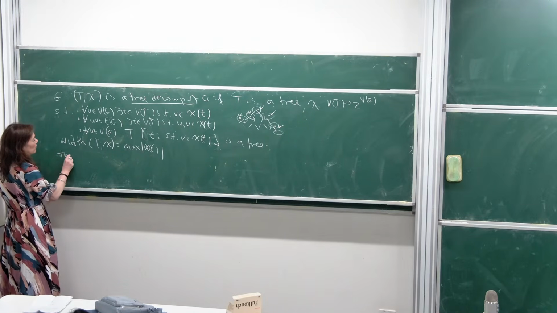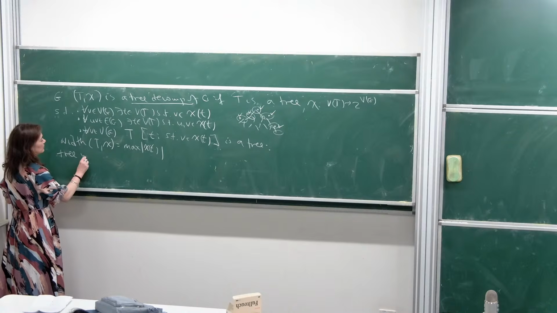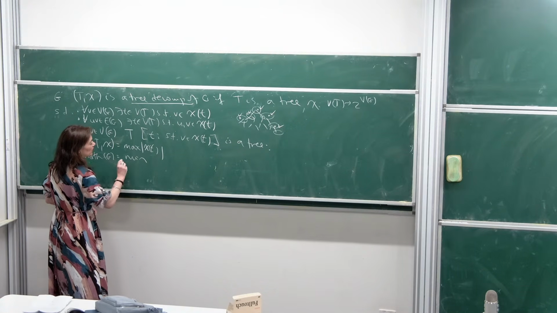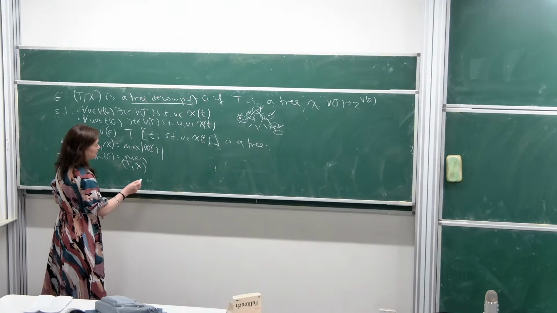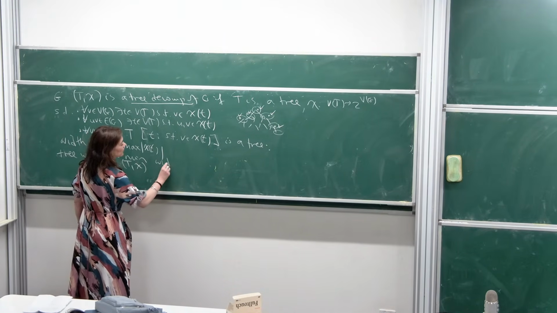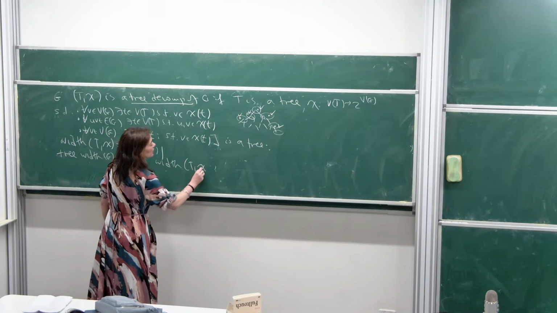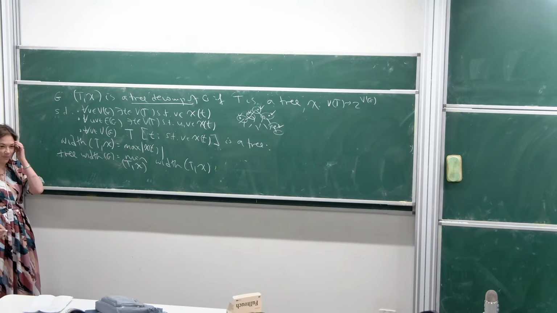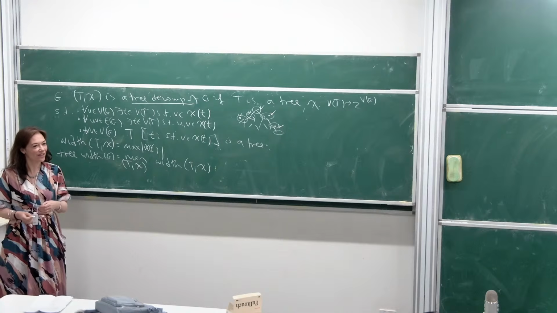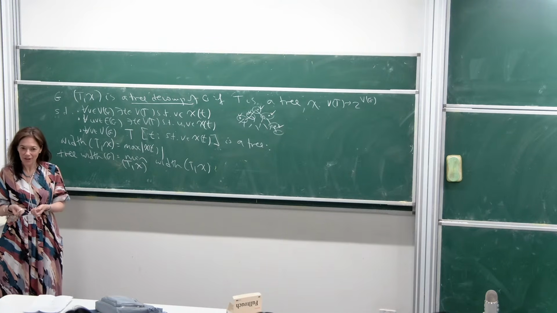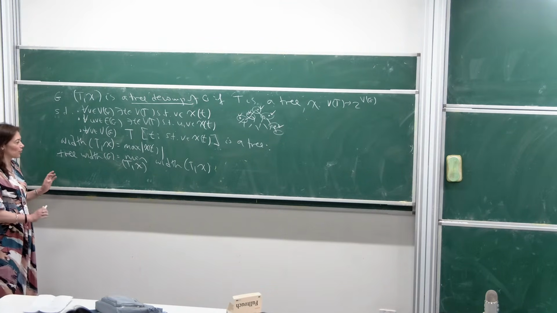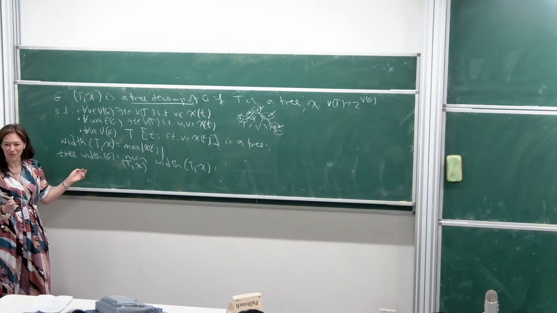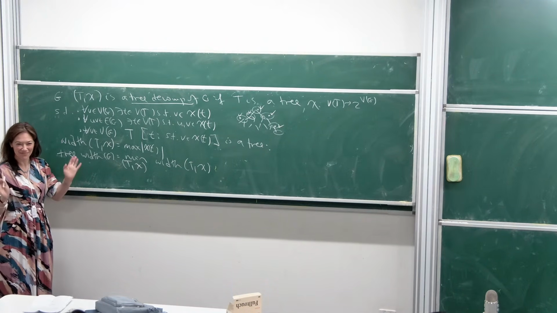So the treewidth of G is the minimum over all tree decompositions of the widths of the tree decomposition. Okay, and in the theory of graphs with small treewidth, in some sense they're trees, and you can design efficient algorithms for them. Let me not talk about it, but let's kind of agree that we like graphs of small treewidth and we want to know what they are.